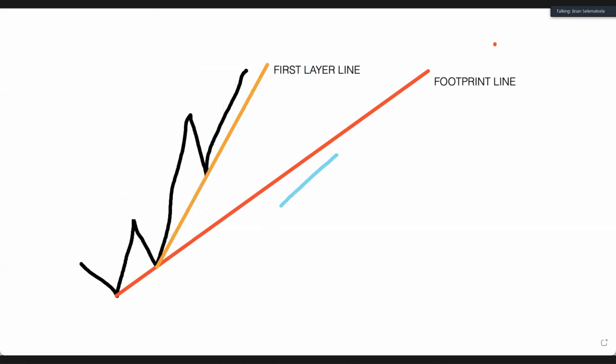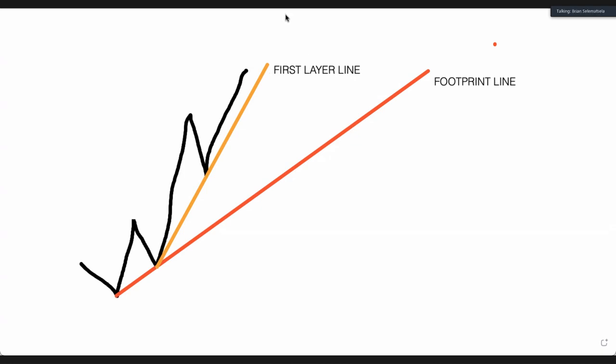So our first layer line is the most important line. Why is it the most important line? It is because it is the one that is actually telling us if the market is facing the opposite direction.